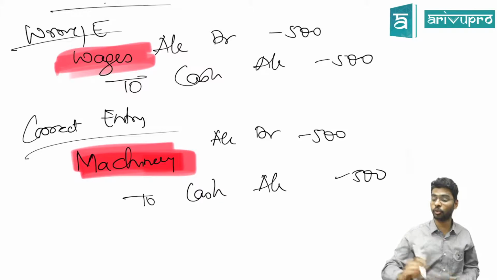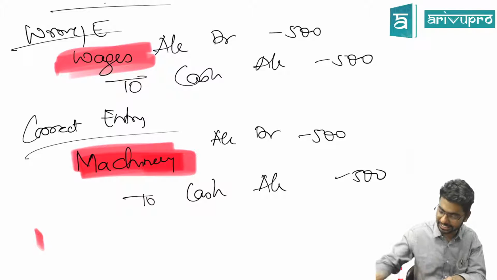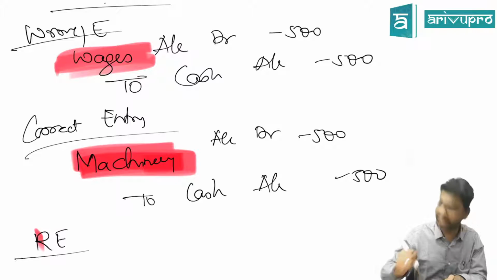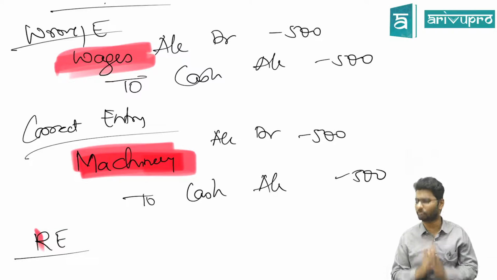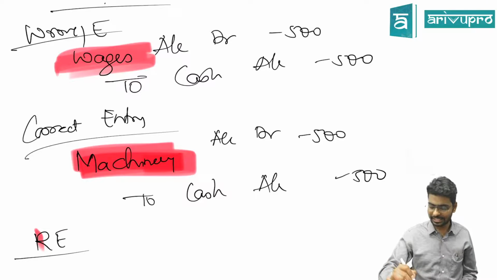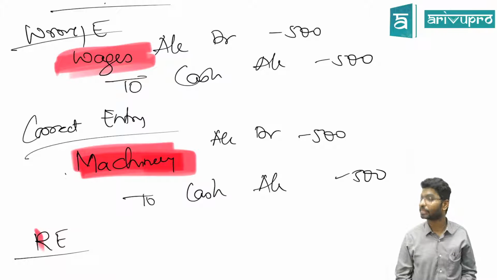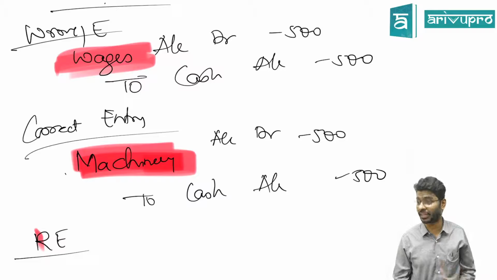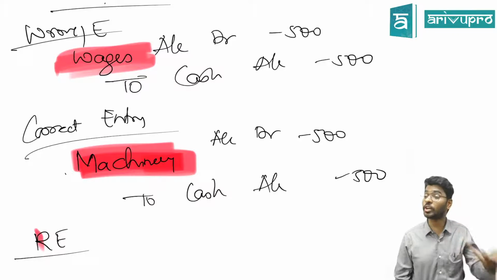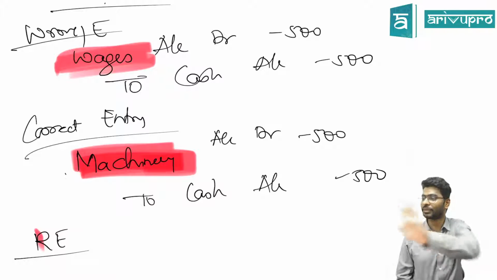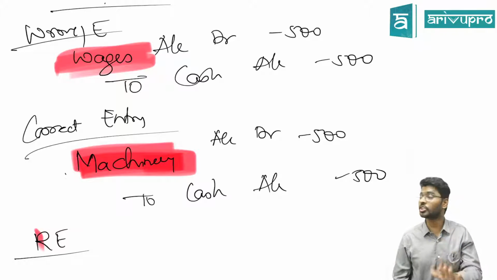Now, if I have to do a rectification entry, what entry? I'm going to follow the same rule. First one, are the debits matching? Who should have been in debit? But instead, who's there? So you have to kick the wages out.